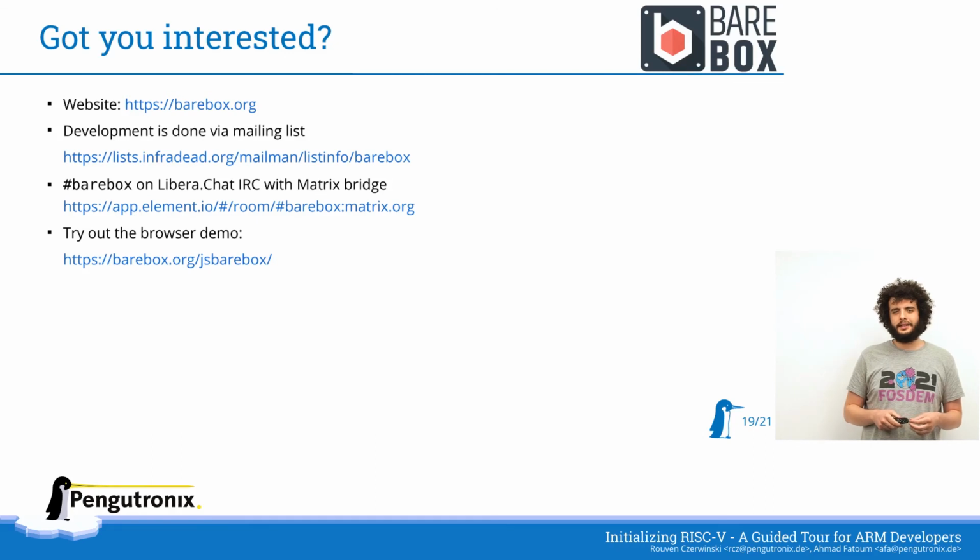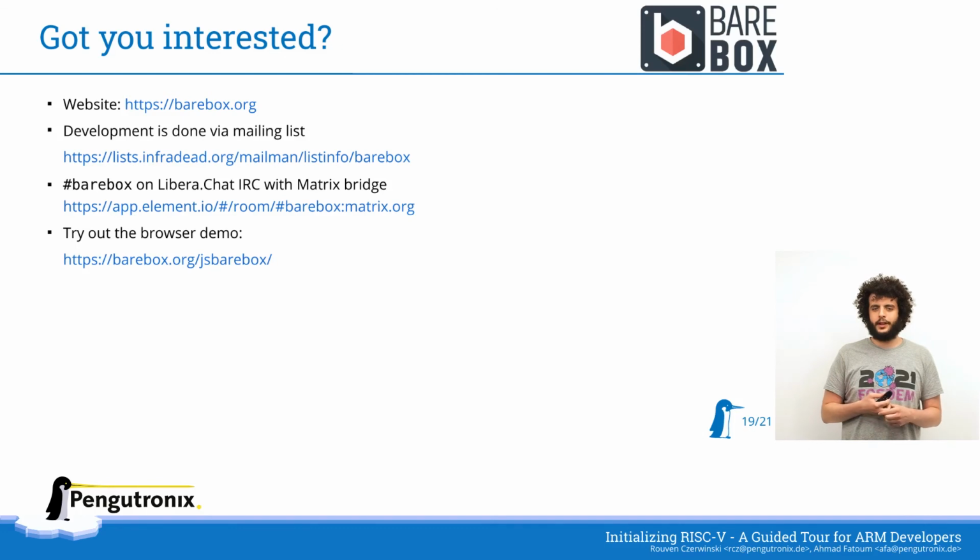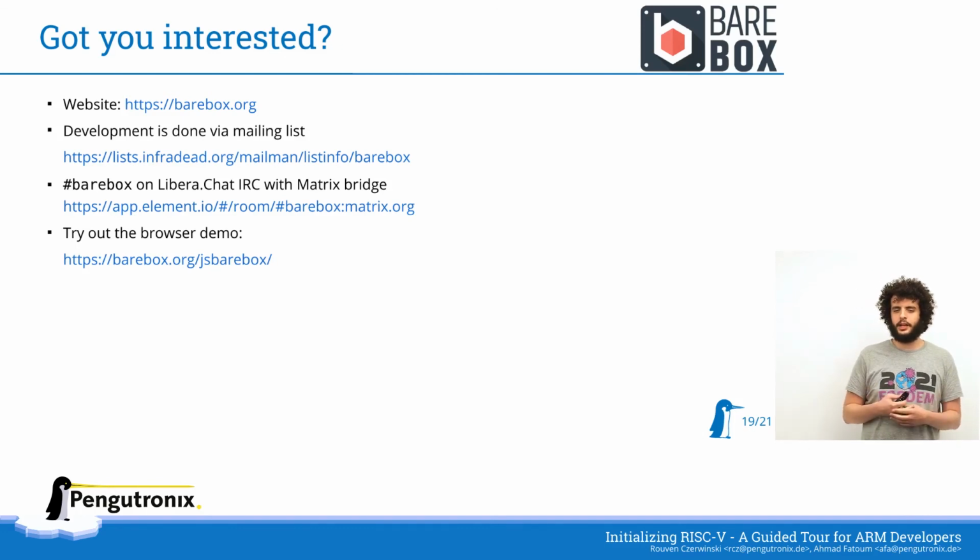So most of what we learned during this RISC-V trip, me and Rouven, went into the Barebox port. Barebox did already support RISC-V before, but we made it more similar to the ARM platform, which is the one that's used most. So if you want to check it out, go to barebox.org. You will see the documentation referenced there and the Git repository.